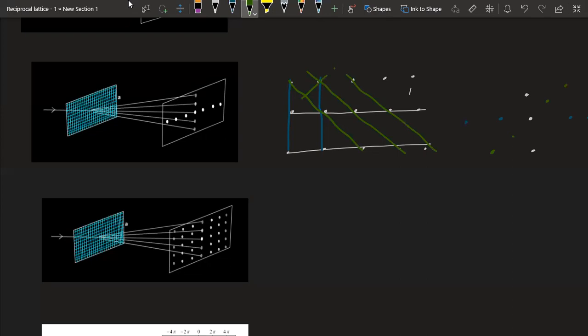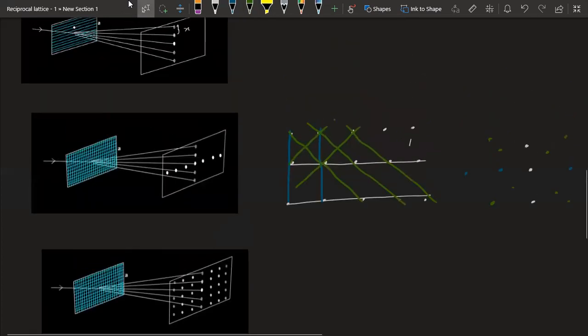We can consider this particular plane, and there'll be some dots corresponding to that, and the separation between these dots will be inversely proportional to the separation between these planes, or in this case, lines. Okay. So what information do we obtain from this? We can actually know the interatomic spacing.